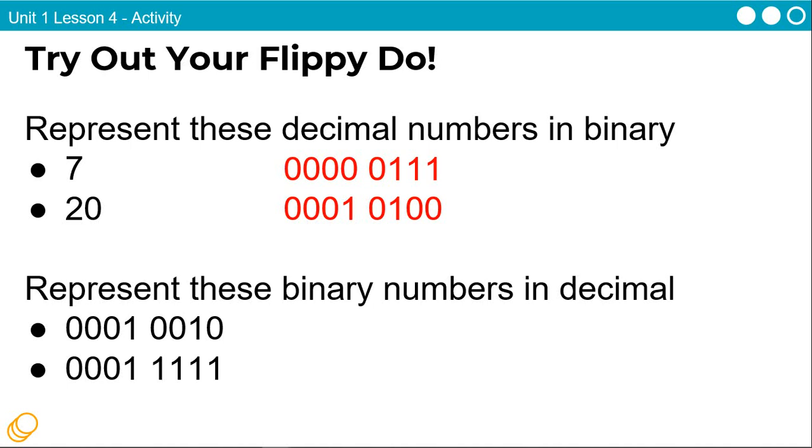Subtract 16 from 20, and that leaves us with 4. So go to the next place. 8 is bigger than 4, so put a 0. Next place is 4. 4 is the same as 4, so 4 minus 4 is 0. So that leaves us with 0, and we put zeros in the other places so we can have them as placeholders.